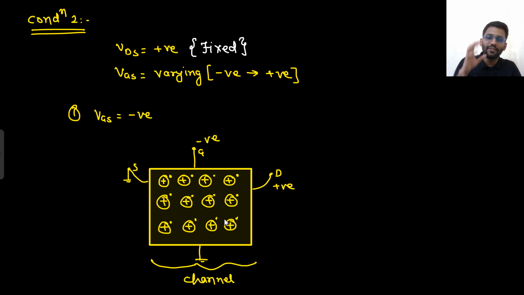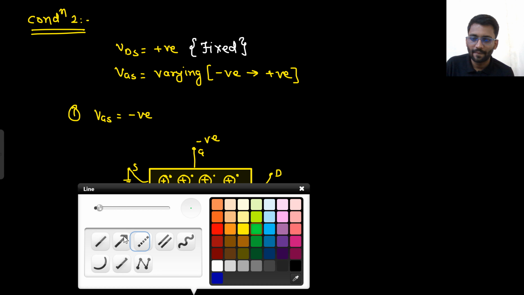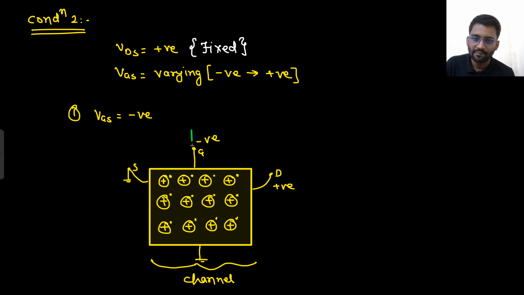So now my VGS is negative. This is the channel only. This negative will repel the electrons. Or for better understanding, I should make something like this. Why is this grounded? This should not be grounded. This is channel only, right? So I am giving a negative supply.